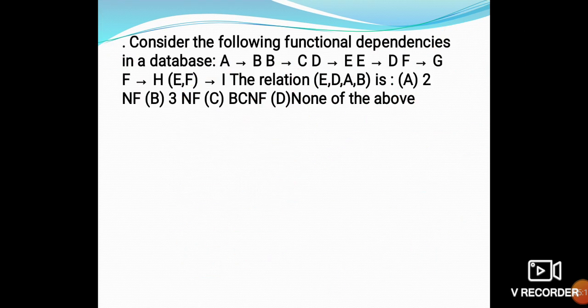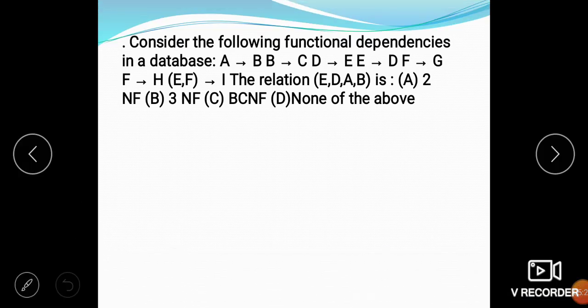Okay, now next is: consider the following functional dependencies. Here first you have to find the candidate key, the prime candidate key.